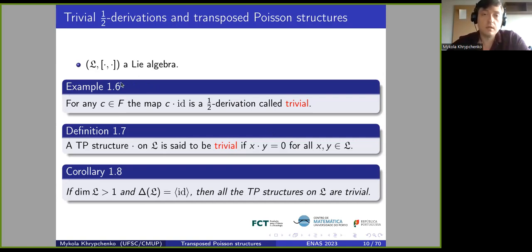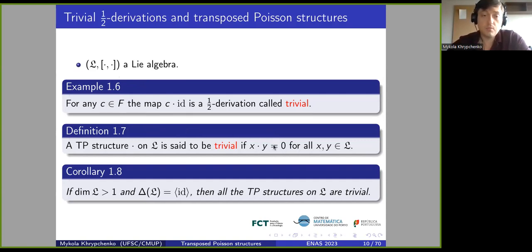First of all, a trivial half derivation is just the multiplication by some fixed scalar from your field. For any scalar, this is a half derivation. It's called trivial. It corresponds to the so-called trivial TP structures. These are those structures that are just zero multiplications.